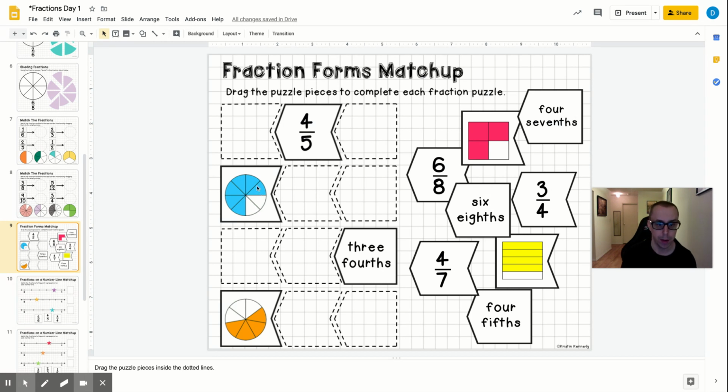The numerator is going to be the number of blue parts, and the denominator is going to be the number of total parts. Here, we're looking for 3/4, 2 different ways to represent it, and the puzzle pieces have to match and fit. And this one, you can see 4 orange, and then you decide what the denominator will be, 4 out of how many.